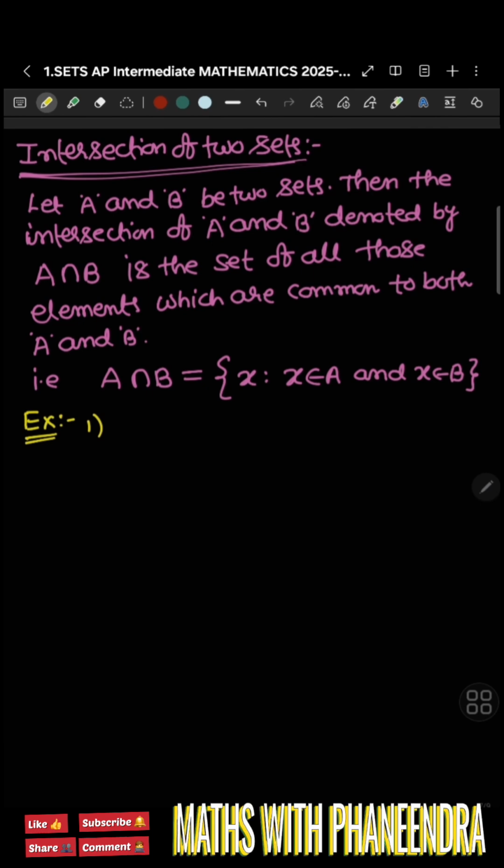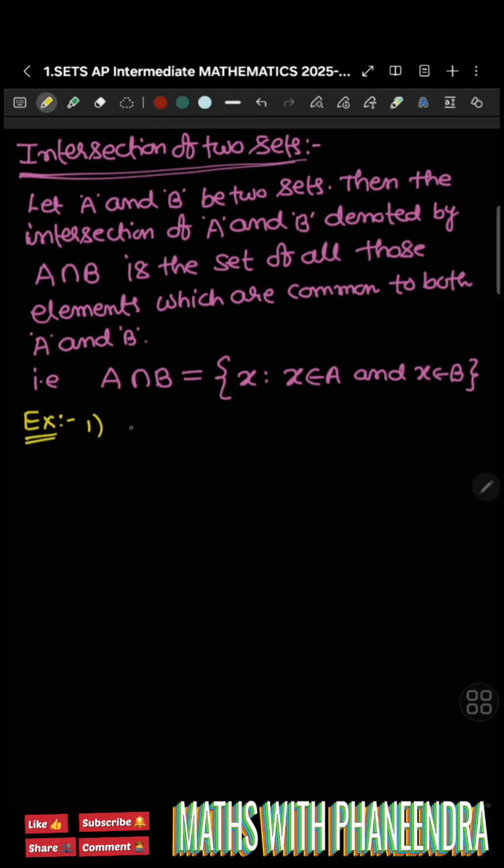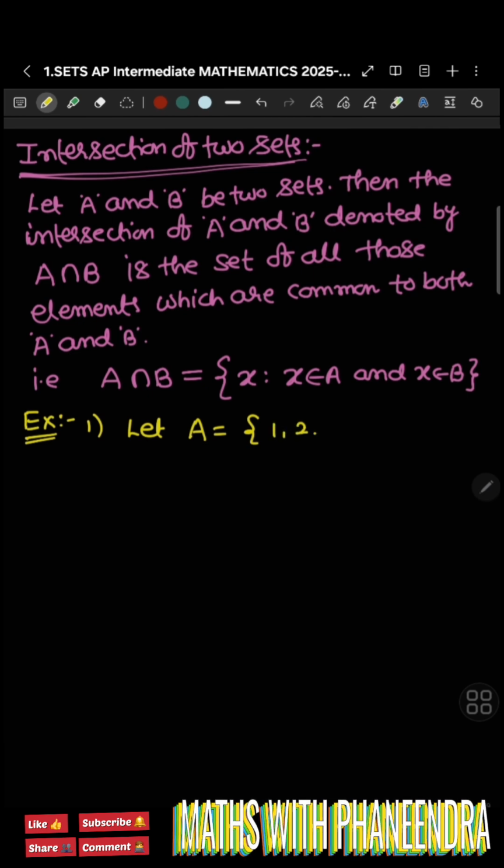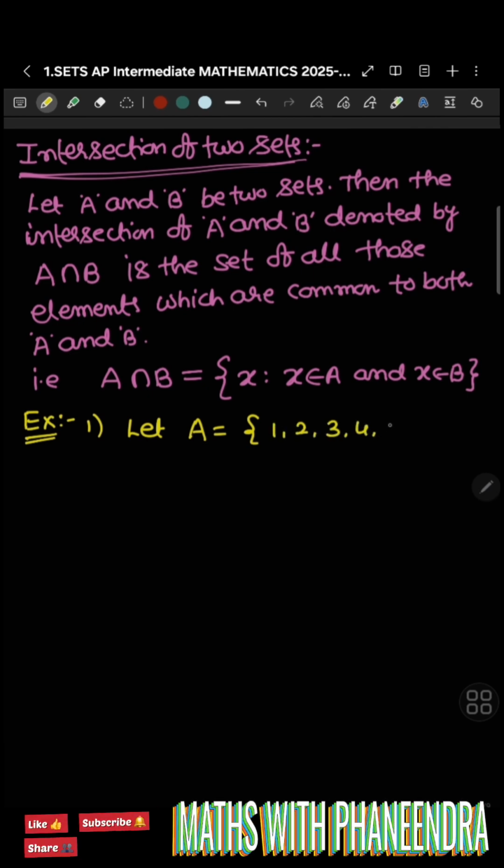The first one: let A equal to 1 to 8, so 1, 2, 3, 4, 5, 6, 7, 8, and B equal to 1, 3, 5, 7.